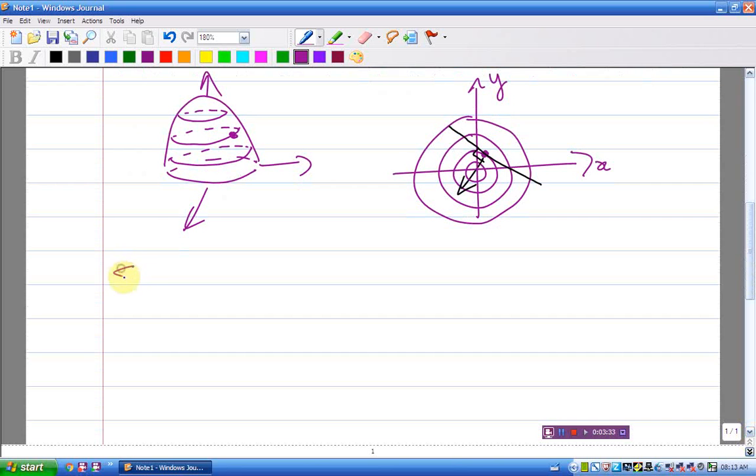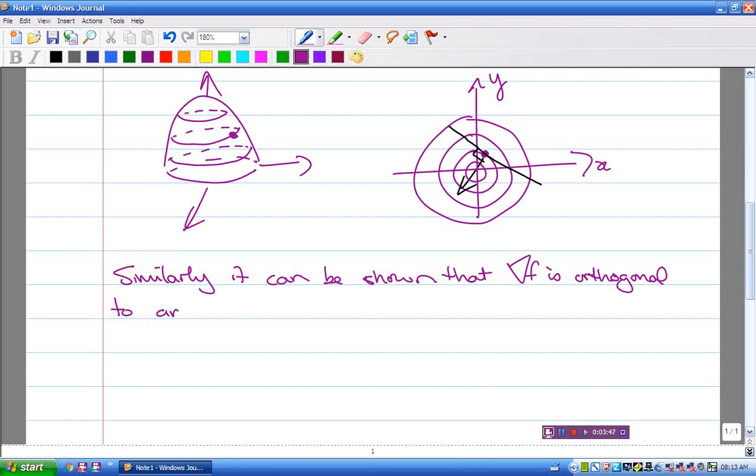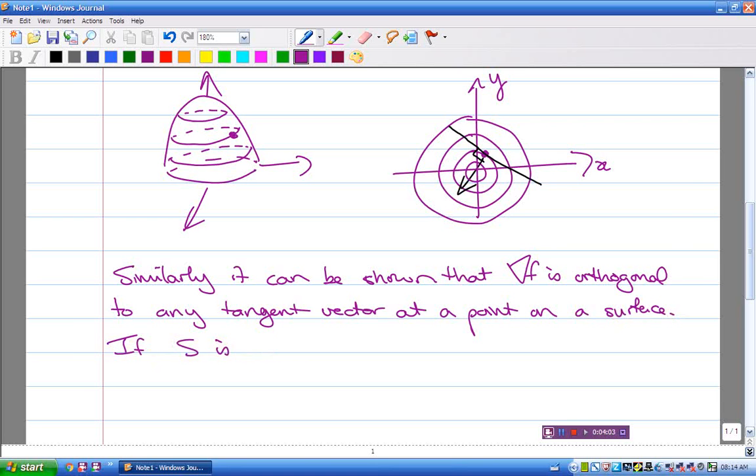So similarly, it can be shown that grad f is orthogonal to any tangent vector at a point on a surface. If S is a surface, I'm using a capital.